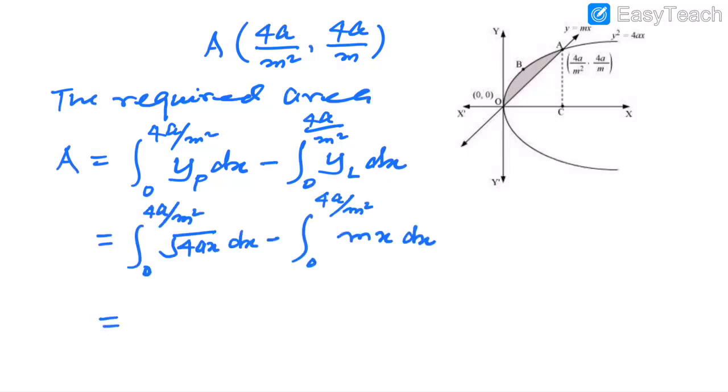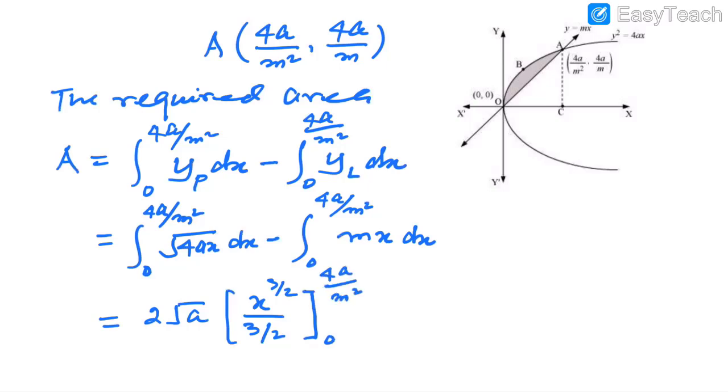Now putting the value of y from the parabola and the line, we have this expression. So after integration we get 2 root a x power 3 by 2 upon 3 by 2 from 0 to 4a upon m square minus mx square by 2 from 0 to 4a upon m square.